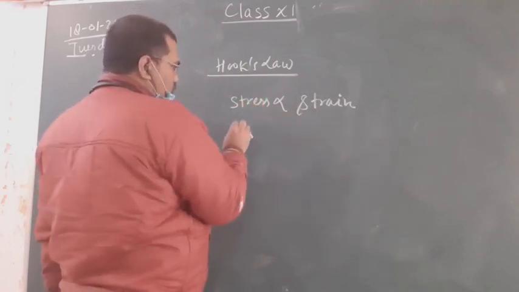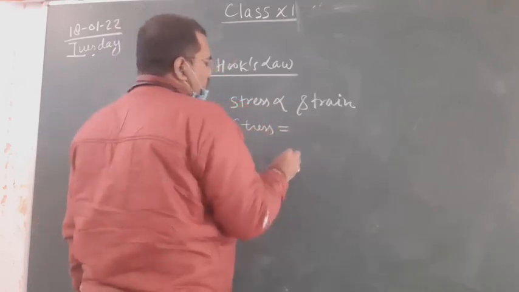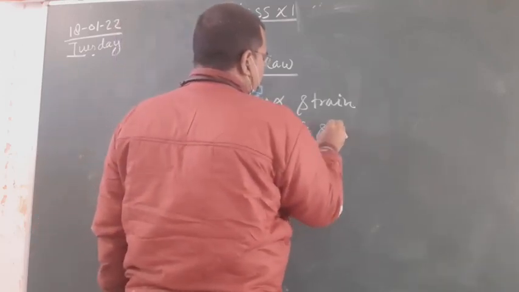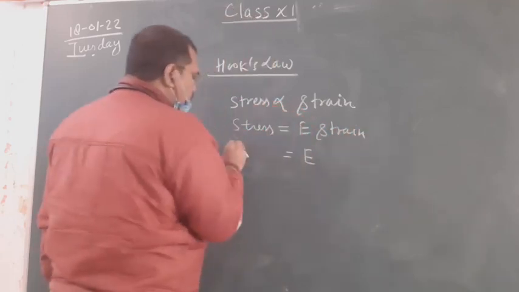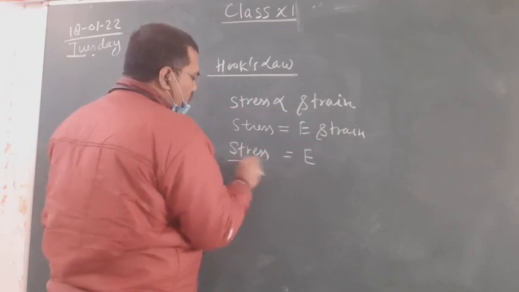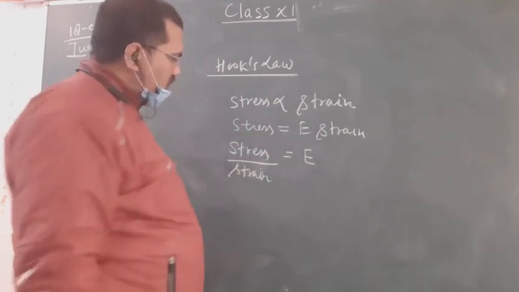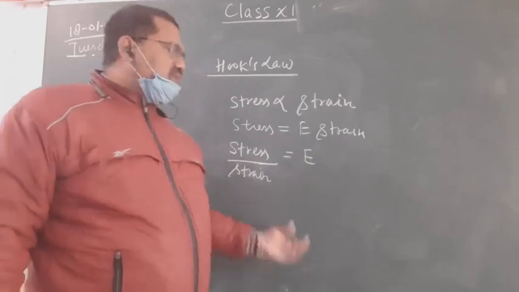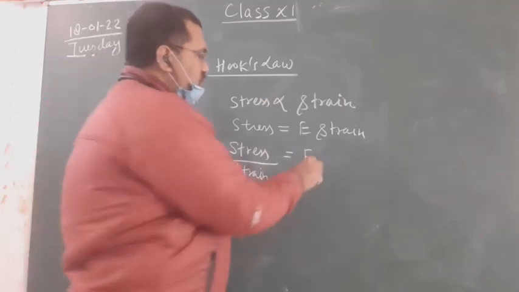Stress is directly proportional to strain. Stress is equal to E times strain, so E equals stress upon strain. This is the most general formula for the coefficient of elasticity. E is the coefficient of elasticity.